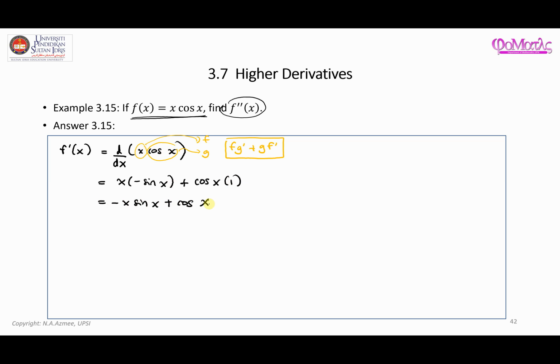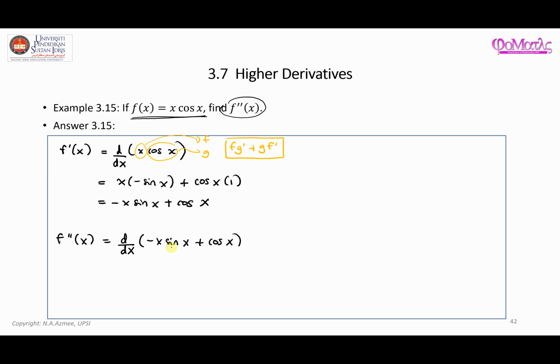Okay, so this is the result of the first derivative. Therefore, if you want to find what is the second derivative, this is just applying the result here to this process. I'm just going to write down the result is negative x sine x plus cos x.